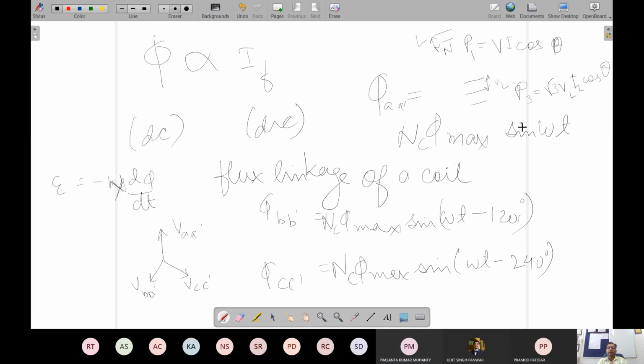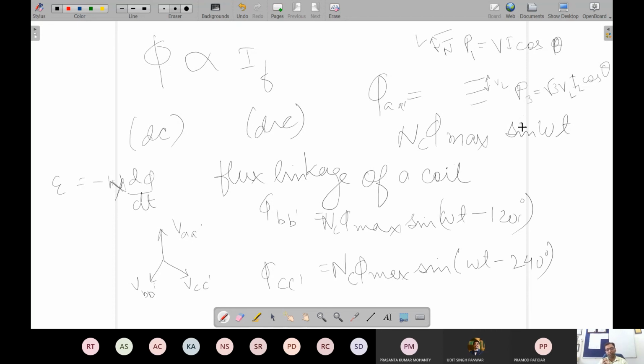Please try to understand, I'm just talking about it in conceptual terms. Look at it from the point of view of a given coil. The rotor is rotating, and as the north pole passes over this coil, the flux is at its peak. Then as the north pole has passed on and the rotor is still rotating, the flux starts decreasing.